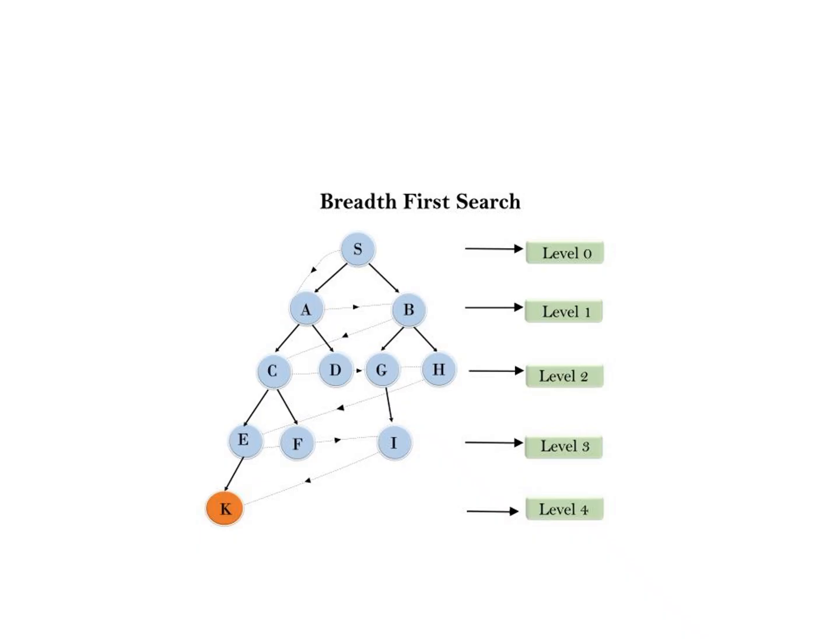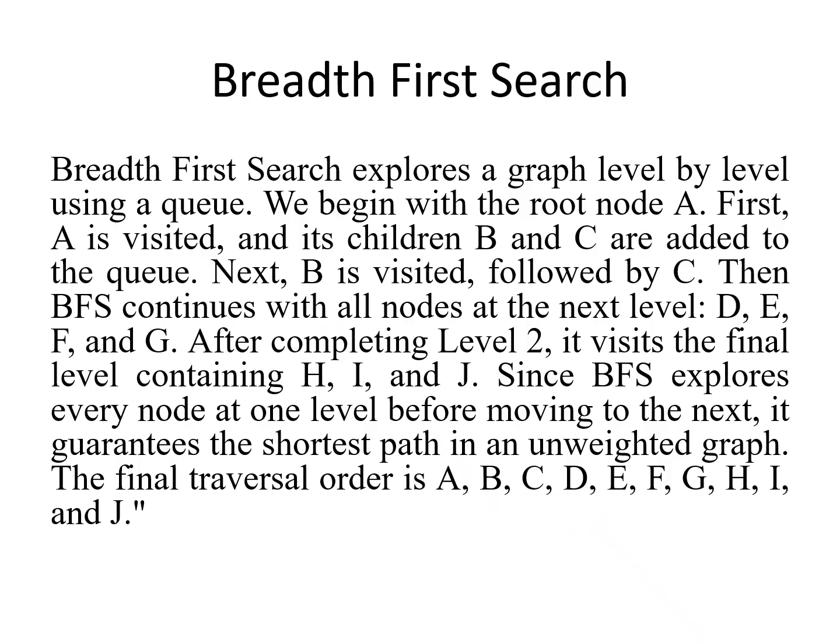Whenever we meet the 0th level, then first level, second level, third level, we have to move through each and every level in the current position on a breadth basis. This is one of the key points of breadth first search.